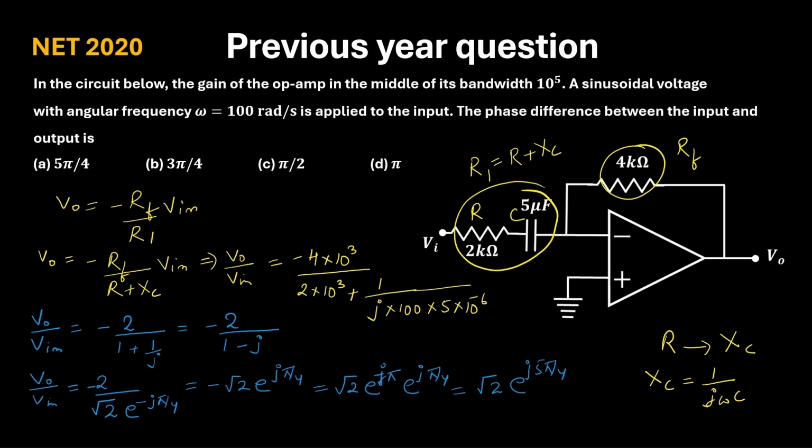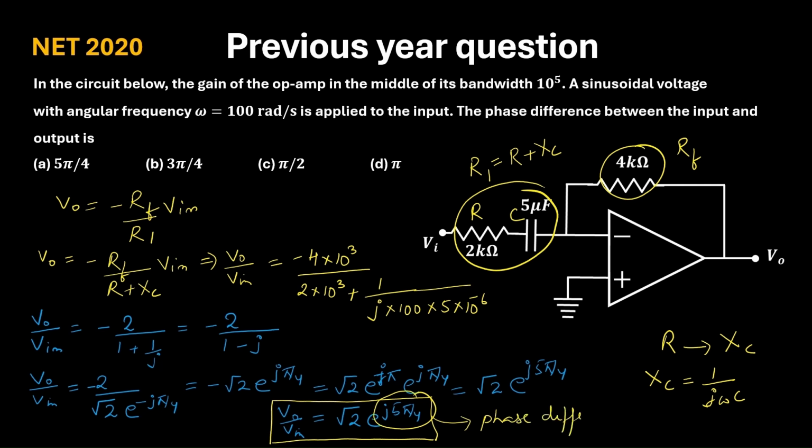Now, let me write the final expression. So, V naught by V input is equal to root 2 times e to the power J 5 pi by 4. So, this is the relation between the output and input. If you see this portion, this is the phase difference. So, the answer is 5 pi by 4, option A.